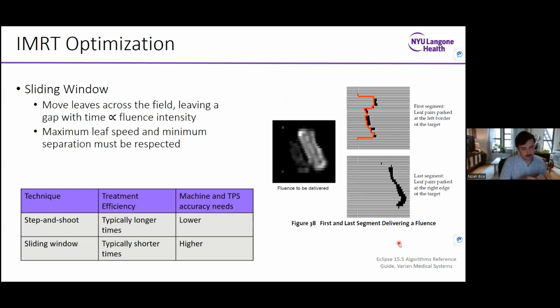Another important leaf sequencing algorithm is sliding window IMRT. The approach for sliding window leaf sequencing is that we're trying to deliver this fluence, so we start with all the leaves on one side of the field and progressively move them to the other side of the field. And we leave a gap or an opening for some amount of time that's proportional to the fluence intensity that we want to deliver at that position.